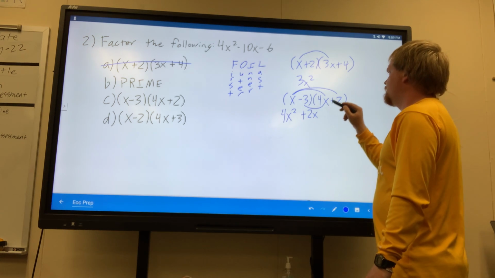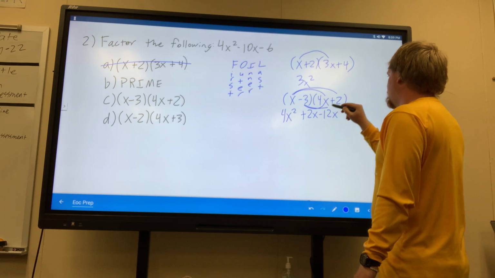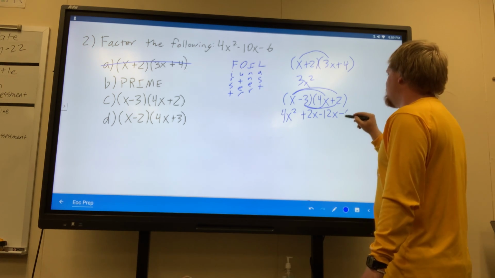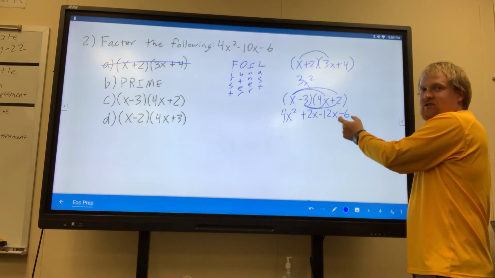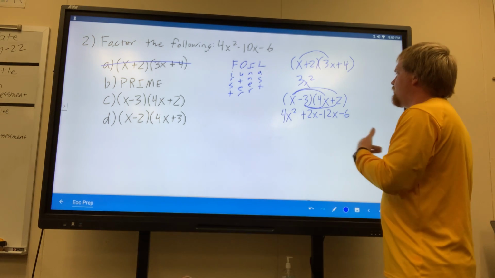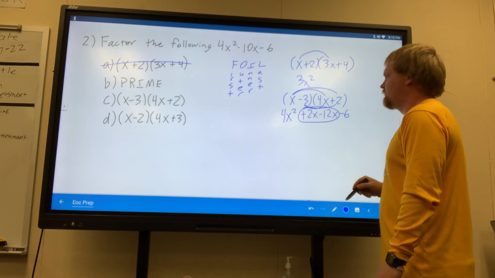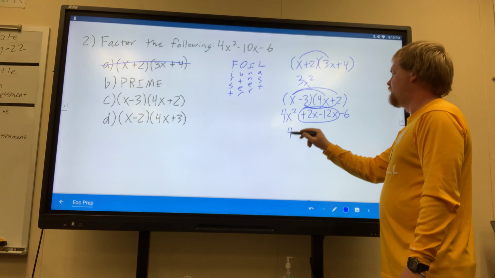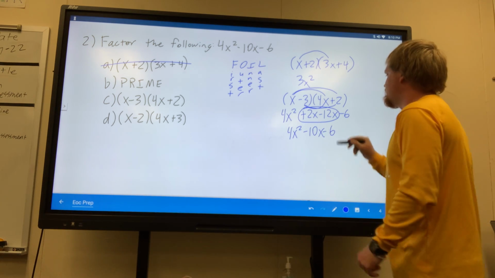My inner term is negative 12x. And my last term is a negative 6, because negative 3 times 2 gives me a negative 6. Now, all I gotta do is combine like terms, which is these two right here. So I'm gonna say 4x squared minus 10x minus 6.